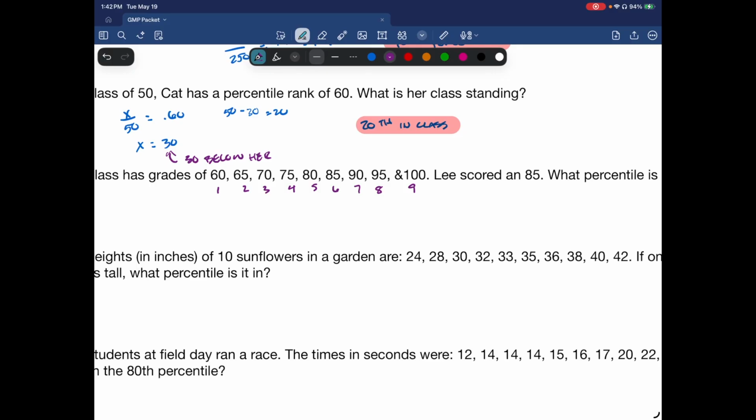Lee scored an 85, so 5 people are below him. So 5 out of 9 is 0.556, which is 55.6%. For a percentile, we would just round that up and say 56%, or the 56th percentile.